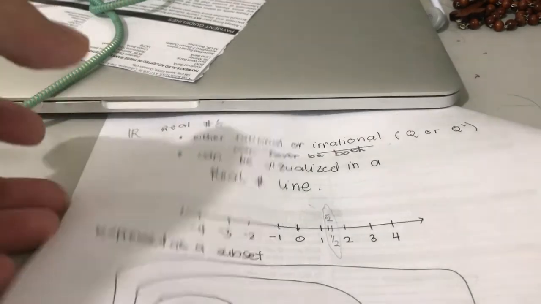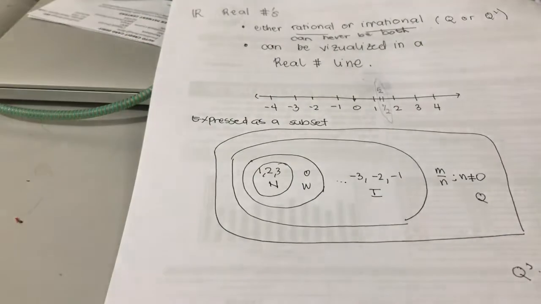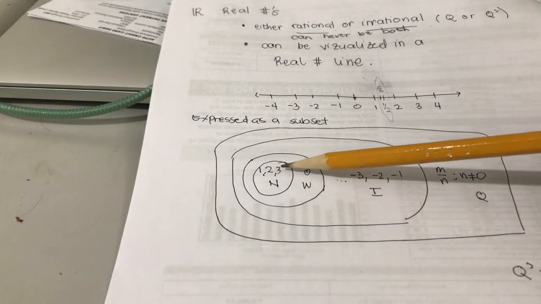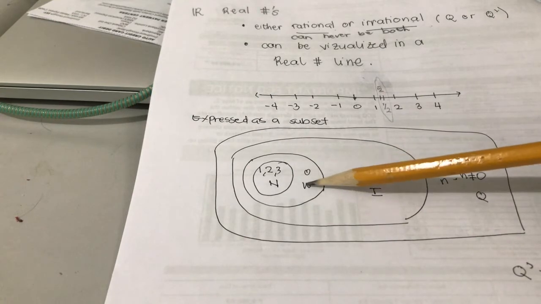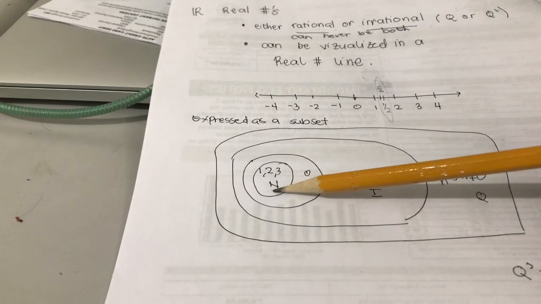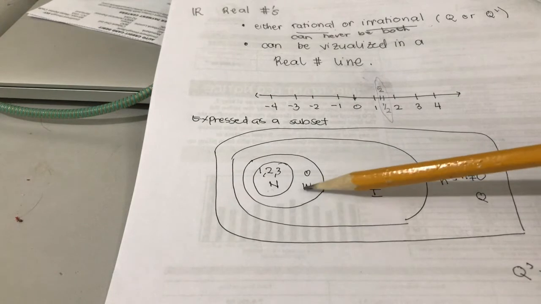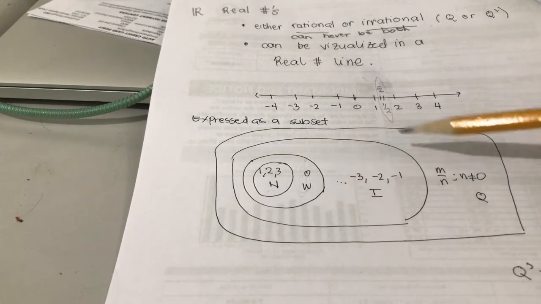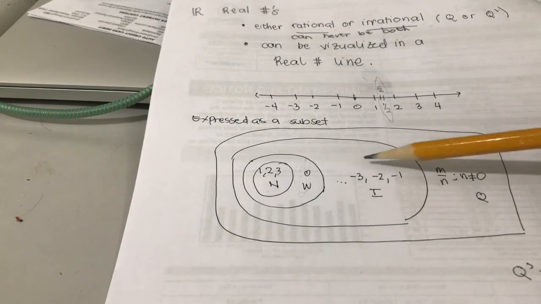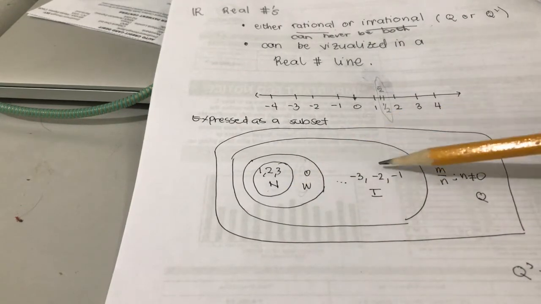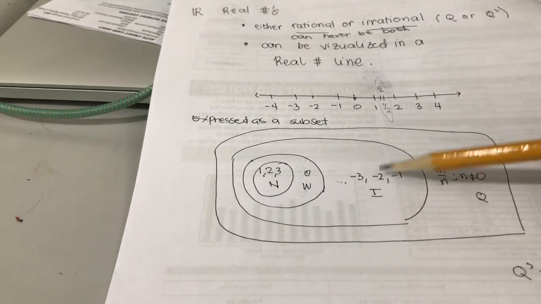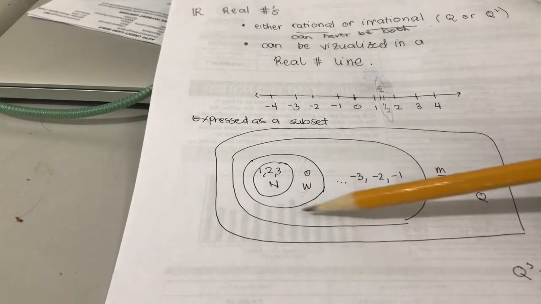We could also express real numbers as subsets. I have shown you this before: natural numbers are 1, 2, 3, and natural numbers are a subset of whole numbers, which include 0. Natural numbers and whole numbers are a subset of integers, which include negative numbers.